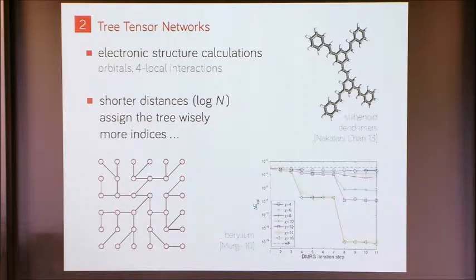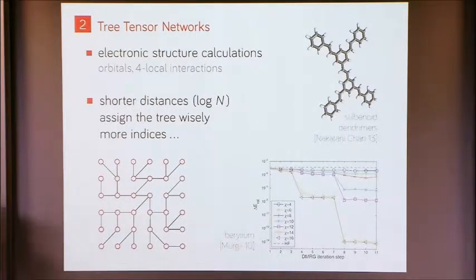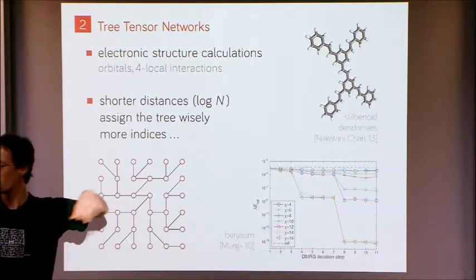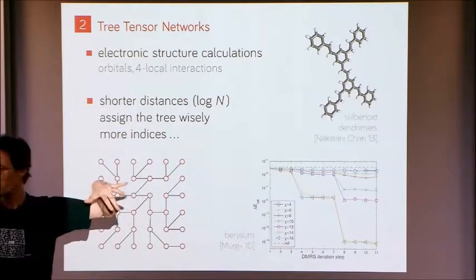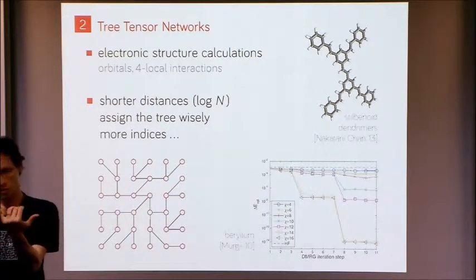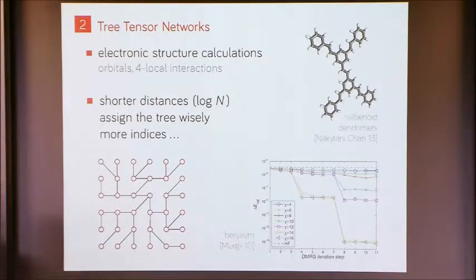This is what Garnet Chan's group is doing, or what Valentin Murg and Örs Legeza are doing in Vienna and Budapest. So there you've got electrons that are supposed to be in different orbitals. You can imagine how the orbitals could interact, so you've got some interaction between them, and you need to find the best association of which orbitals are occupied and which are not.